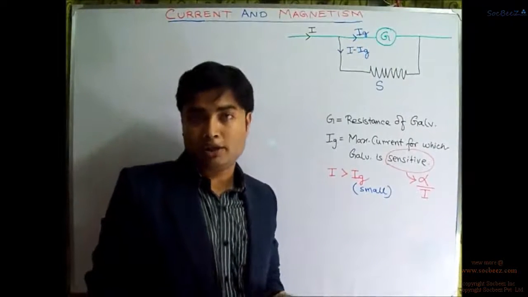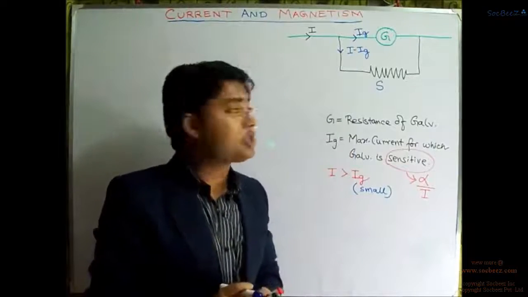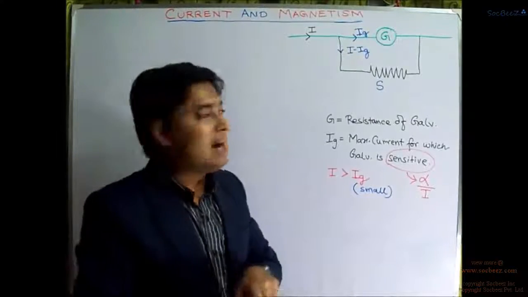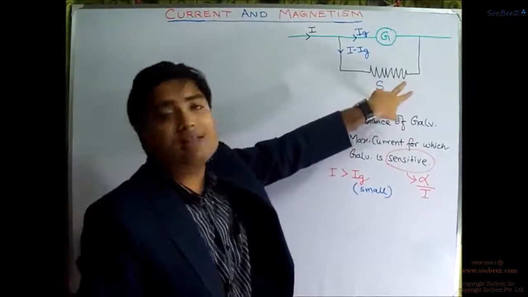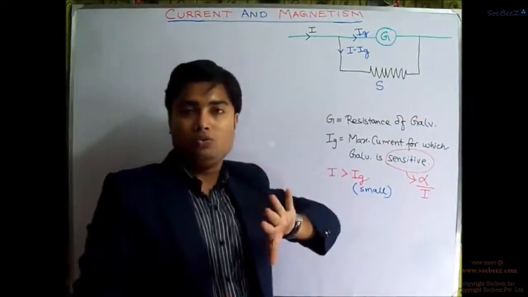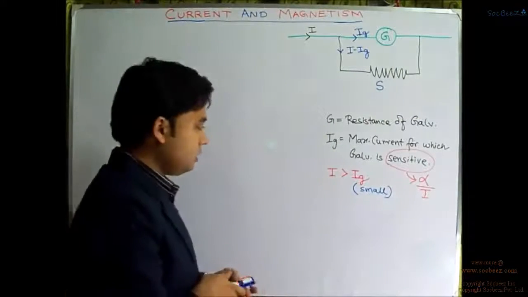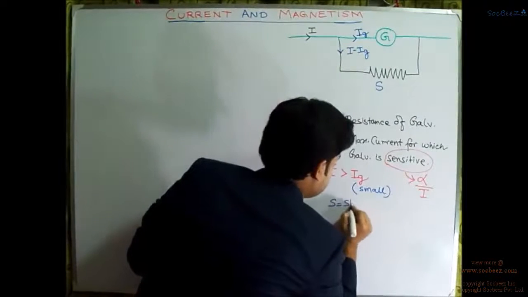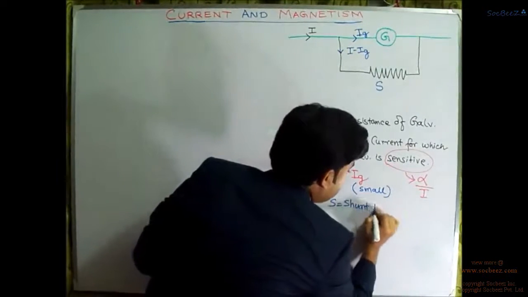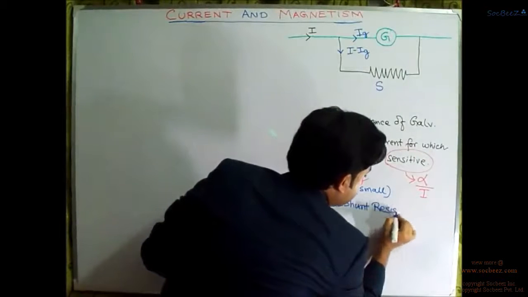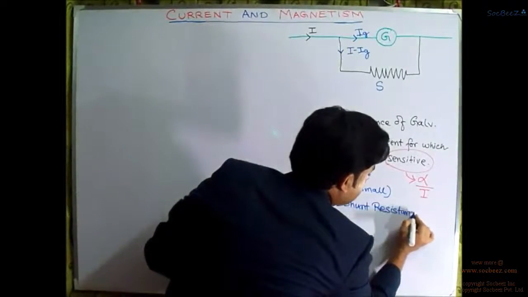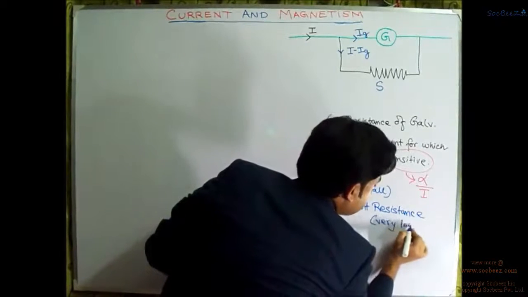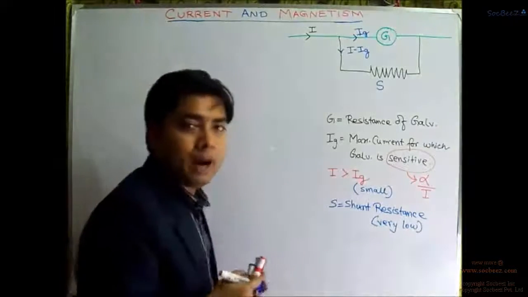Why is it shunt? We shall come to that just now. But for the time being, it may be noted that the shunt resistance has a very low resistance, right? So we can say that S is the shunt resistance, which is obviously very low, right?